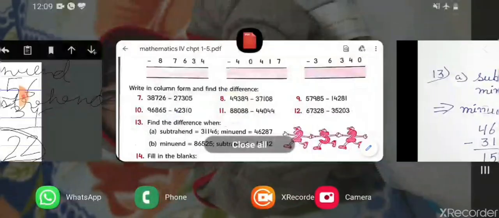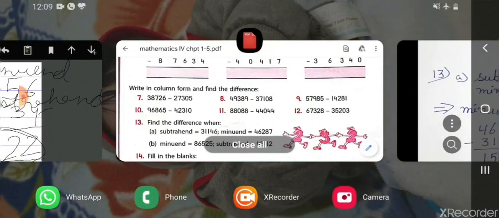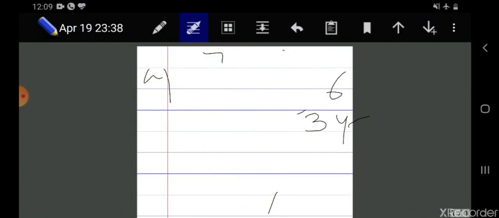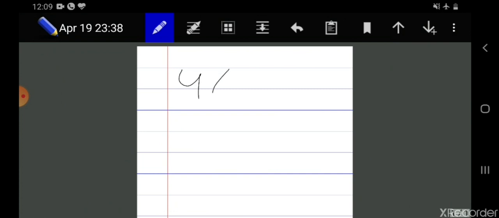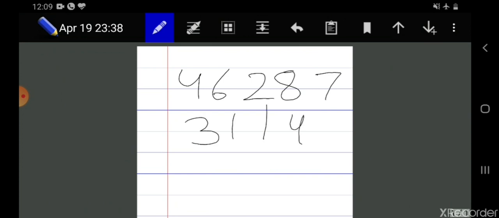I'll show you with proper calculation on my copy here. The minuend was 46,287 and the subtrahend was 31,146.